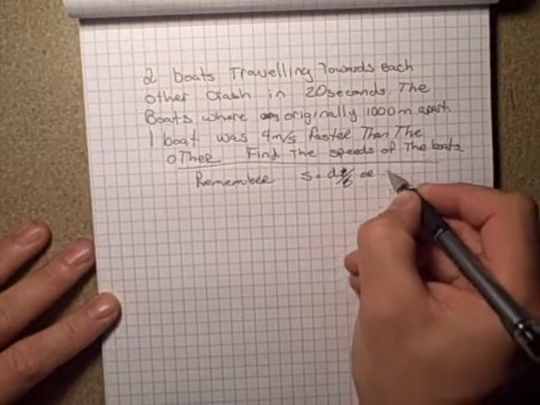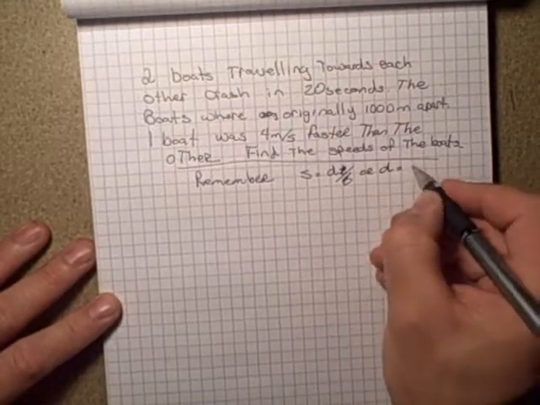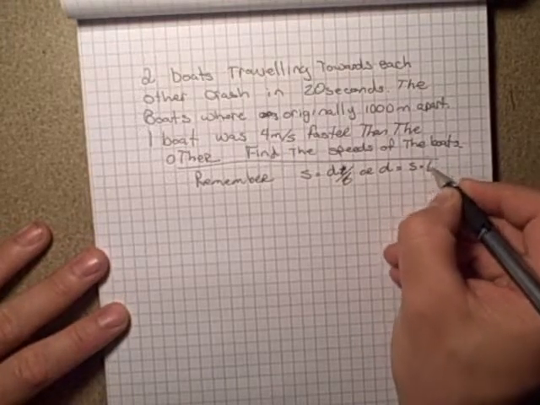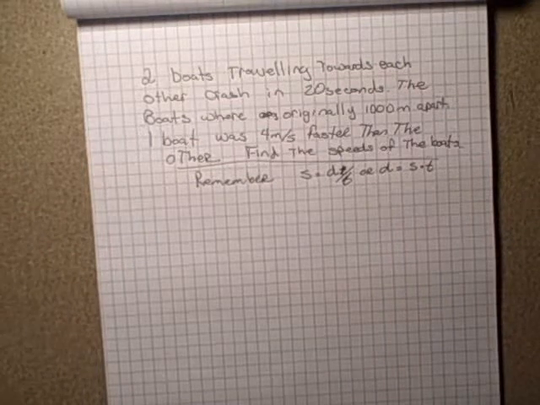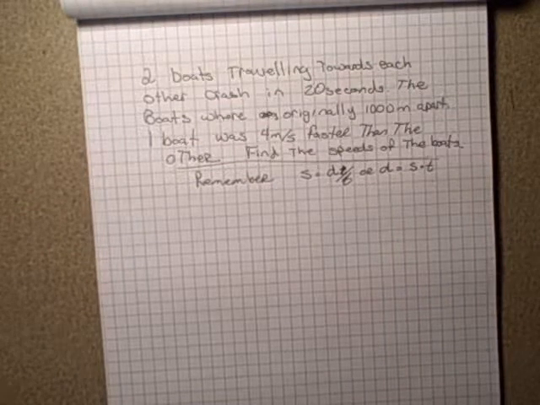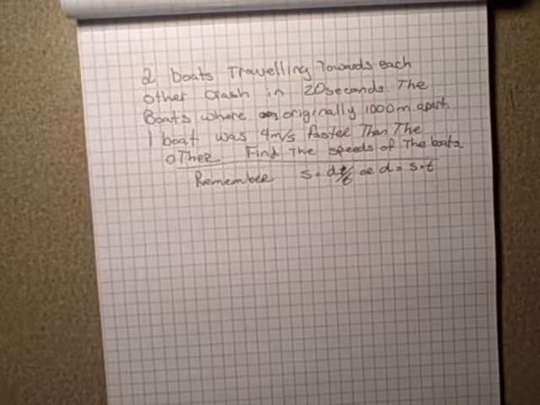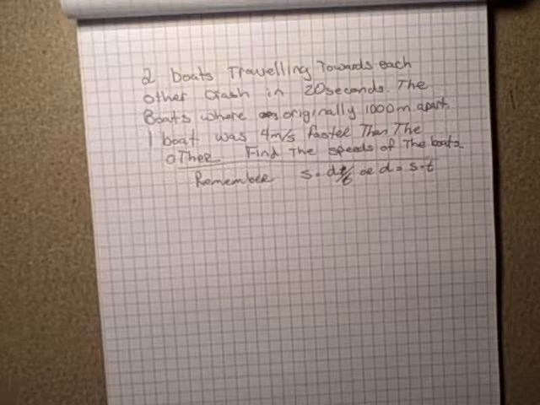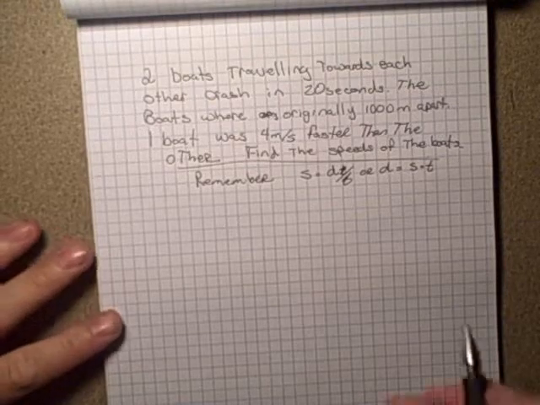Or if you like, distance is equal to speed times time. Okay, and that's the relationship between distance, speed, and time, and often that relationship is important when solving problems in this world of math. So let's help ourselves out with a little bit of a diagram.